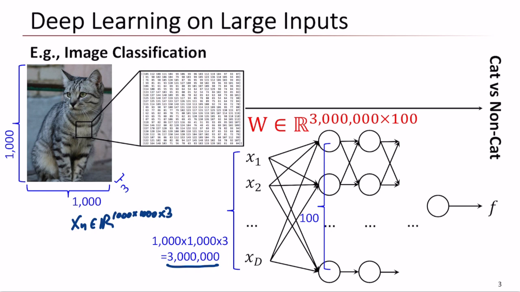Then let's suppose that you have multiple hidden layers, but even for the first hidden layer, if you have 100 nodes, then your first MLP should be like this. So W should be 3 million by 100, even for the first hidden layer.